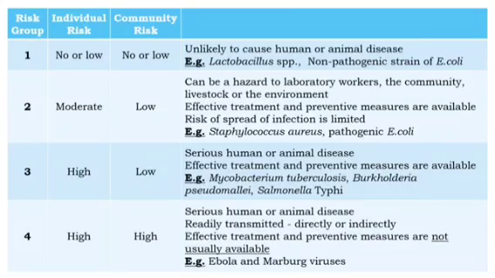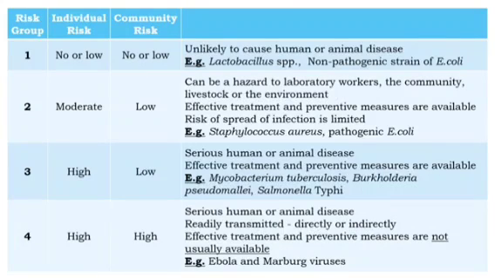They can infect the laboratory workers, the community, livestock, or the environment. However, effective treatment and preventive measures are readily available. Therefore, the risk of spread of infection is limited. Examples are Staphylococcus aureus and pathogenic E. coli.